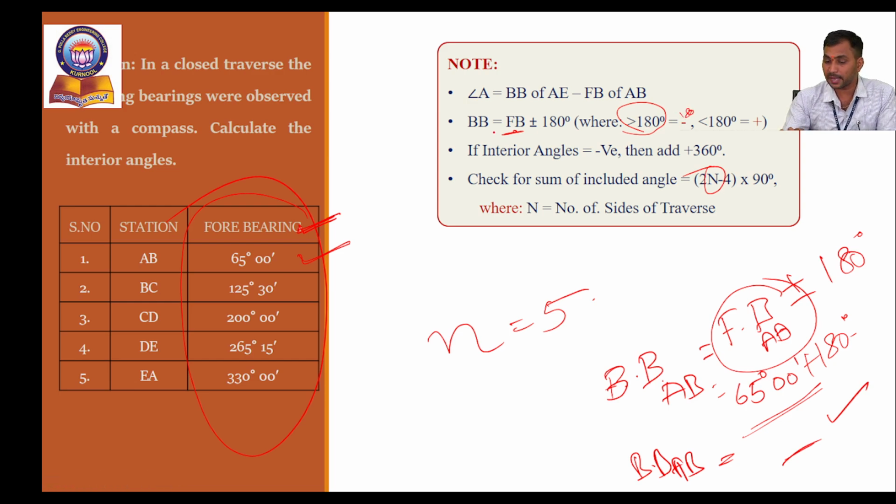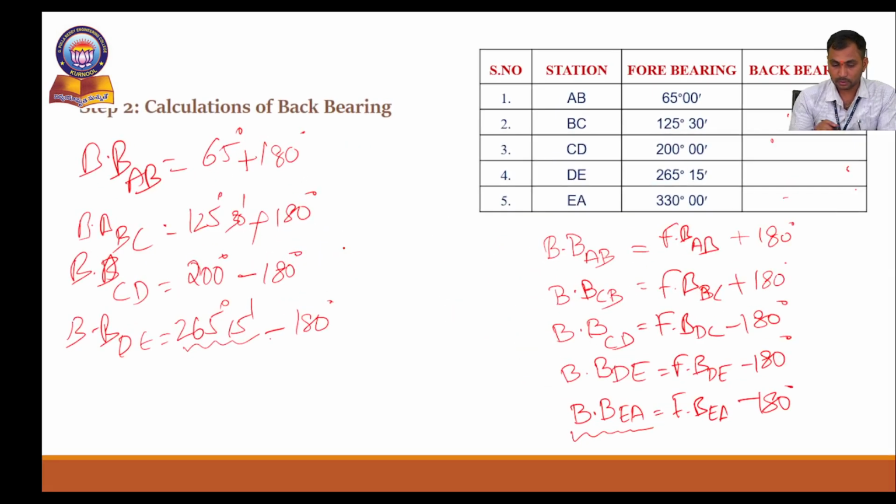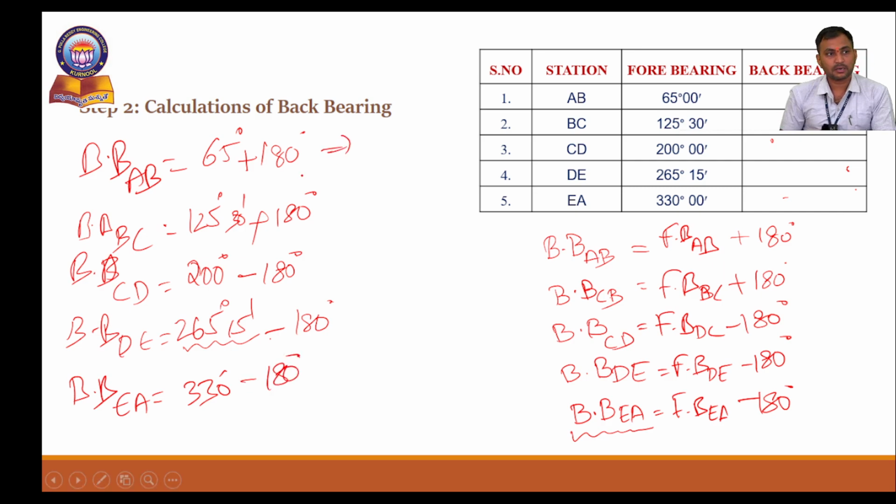If the fore bearing value is less than 180 degrees, then write plus 180. Okay, my dear students. Now finally, back bearing of EA. What is the fore bearing of EA? It is 330 degrees. You just follow these formulas here. Minus 180 degrees.